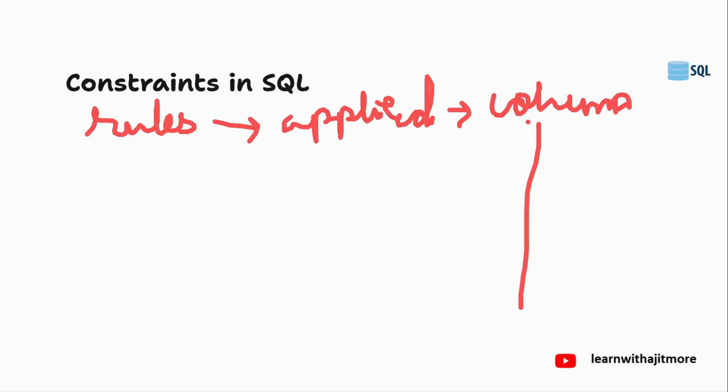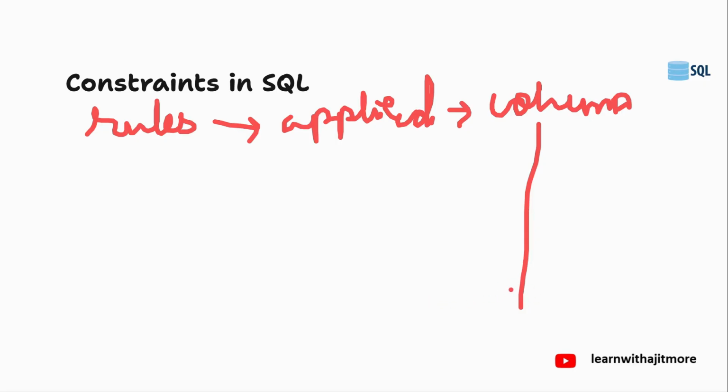Okay? So the constraints, what they mean is clear to you. Constraints means rules. These are the rules you have applied on the columns of your table, and as many values as there are in that column, they all satisfy that rule.